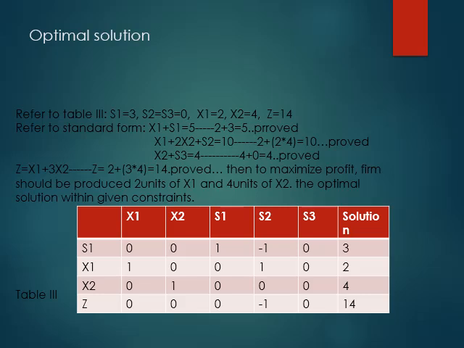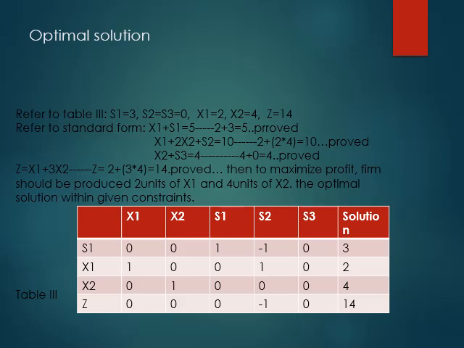The next constraint, x1 plus 2 x2 plus s2 equal 10. s2 equal 0, x1 equal 2, x2 equal 4, 2 times 4 equal 8, plus 2 is 10, proved. x2 plus s3 equal 4: 4 plus 0 equal 4, proved.